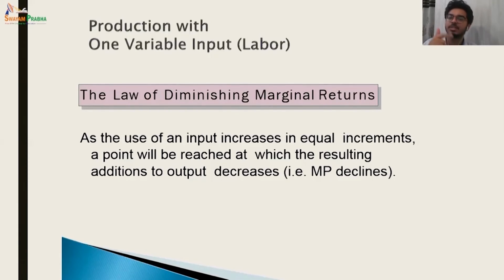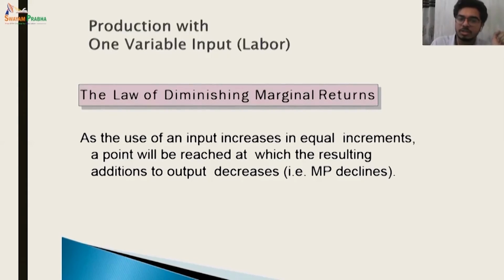utility is the satisfaction to the consumer, and over here, return is the return to the inputs. Whatever output you are getting, that is the return from the inputs, whatever you are producing.